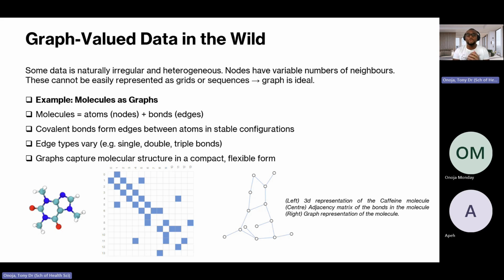Else, you have a problem. So the edge types in this case could be single, double, or triple bond. And if you do chemistry very well, or you talk to chemists, you will see those representations.